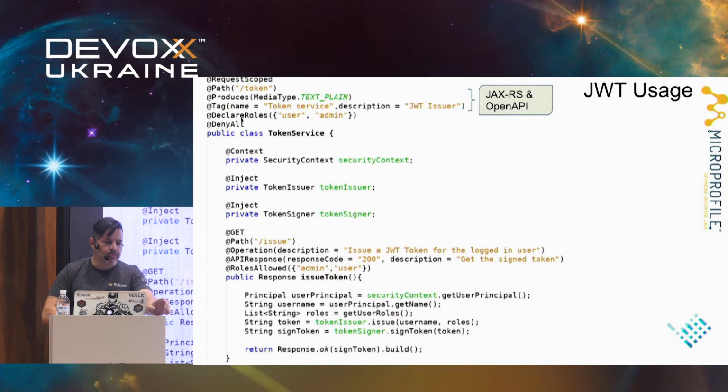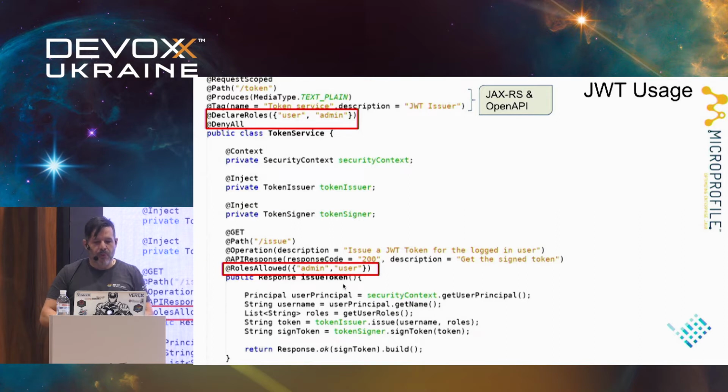And also, just like you had in Java EE, you can declare the roles, deny all requests for the whole class, but allow only who has the role admin and user to invoke this method.